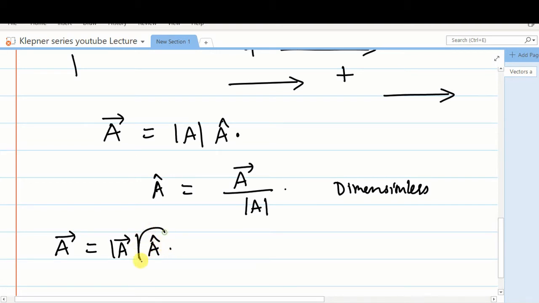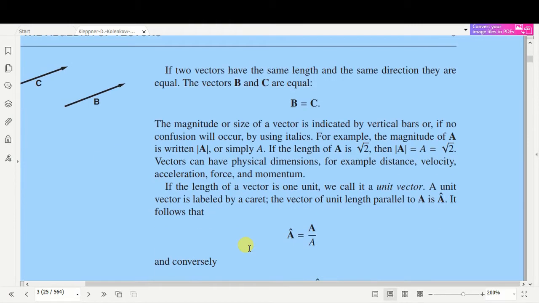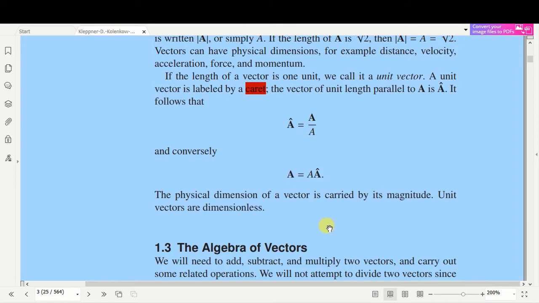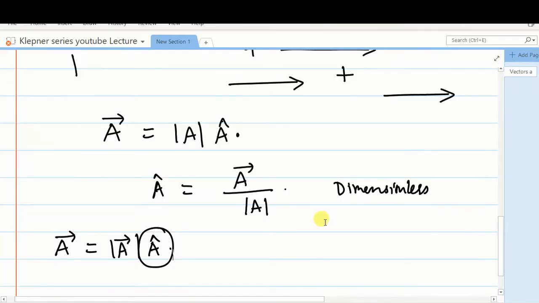The unit vector is represented by a hat. We are calling it a hat, and in the book they have written it like a caret. So the vector of unit length parallel to a is a hat. This is what we call a caret, but I am going to use a hat, not caret.